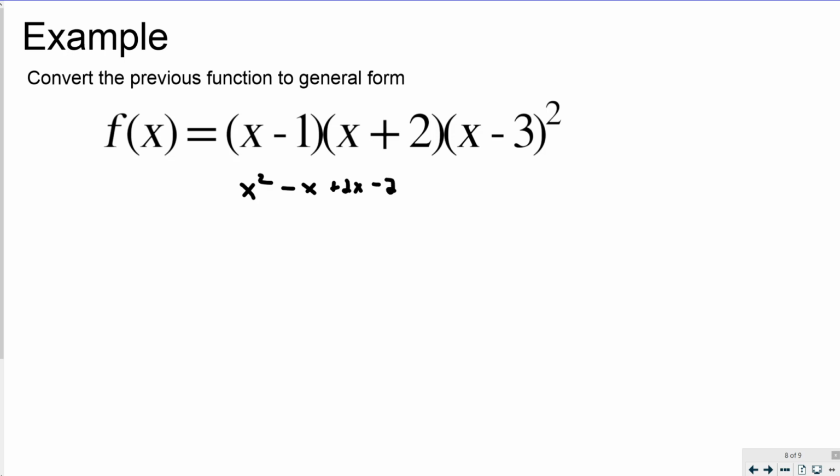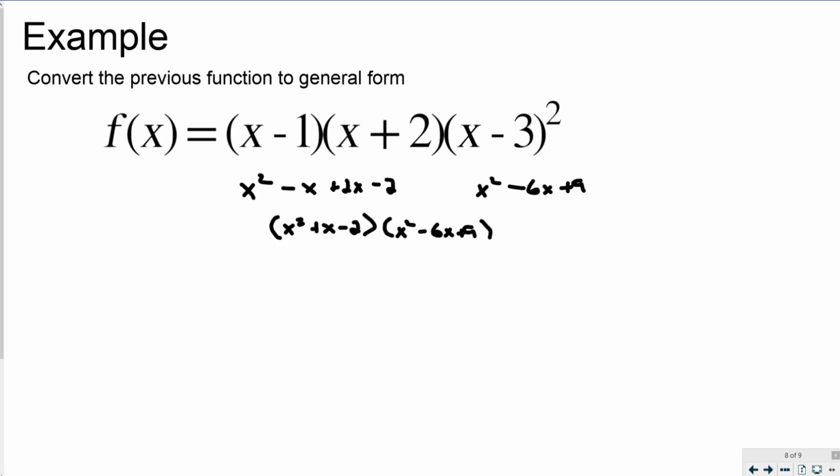And then I can do x minus 3 squared really quick and get x squared minus 6x plus 9. For the one over here, I'm going to simplify that to be x squared plus x minus 2. And that's going to be multiplied by x squared minus 6x plus 9.